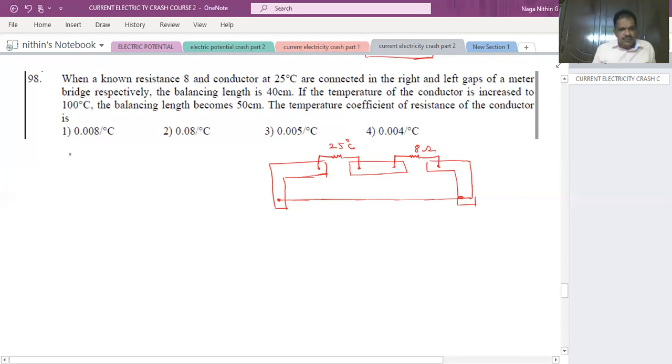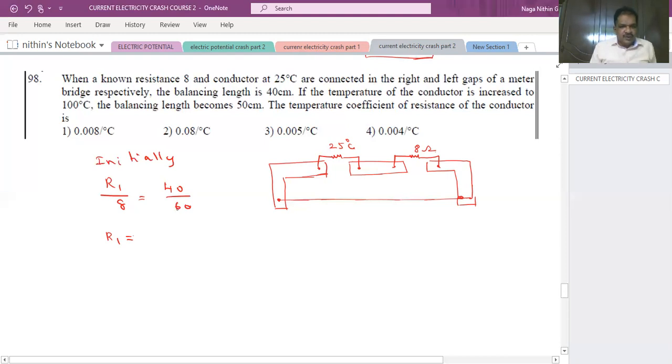Initially, R1 by 8 is equal to 40 by 60. Then R1 is equal to, how much we will get here.